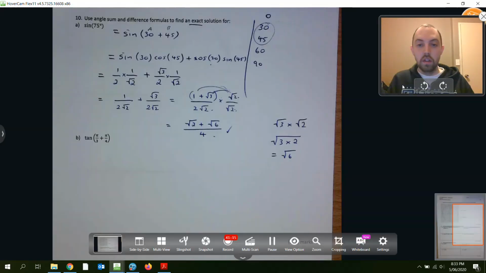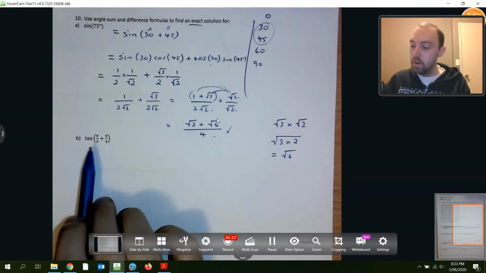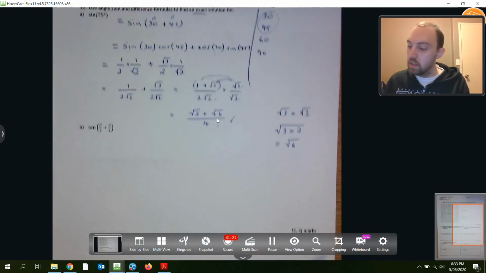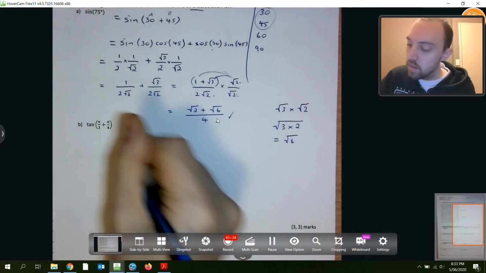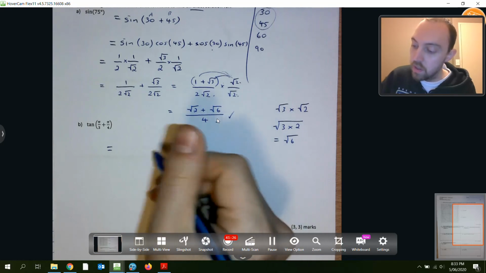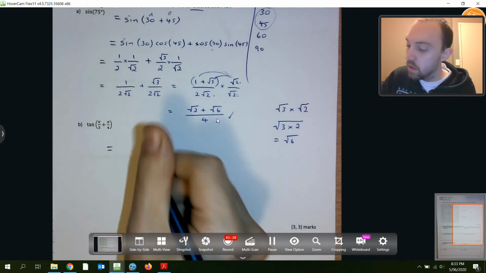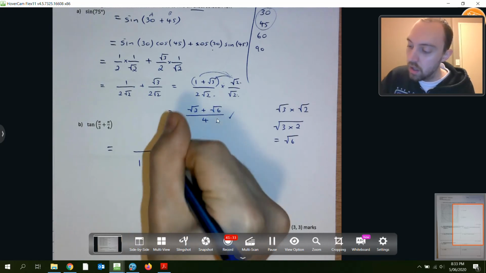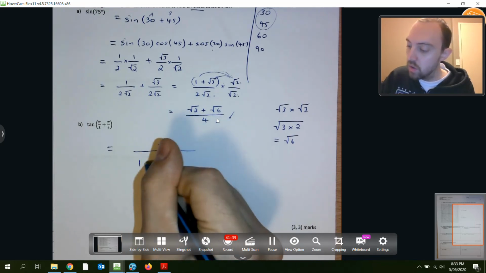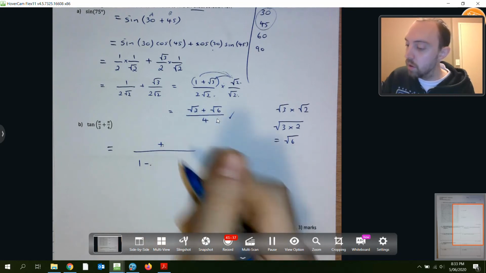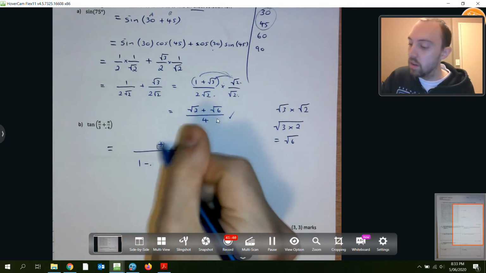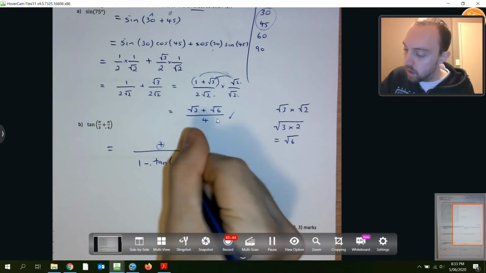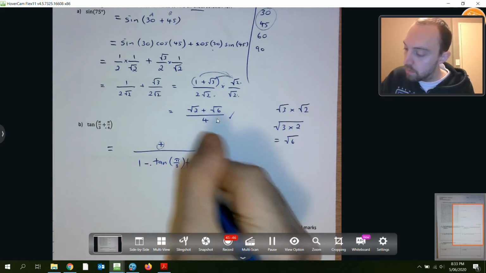Tan of pi on 3 plus pi on 4 works a little bit differently. The tan formula is not on your formula sheet, so you need to try and remember it. They are 1 opposite signs to top and the bottom, add same sign on top, tans are multiplied on the bottom.